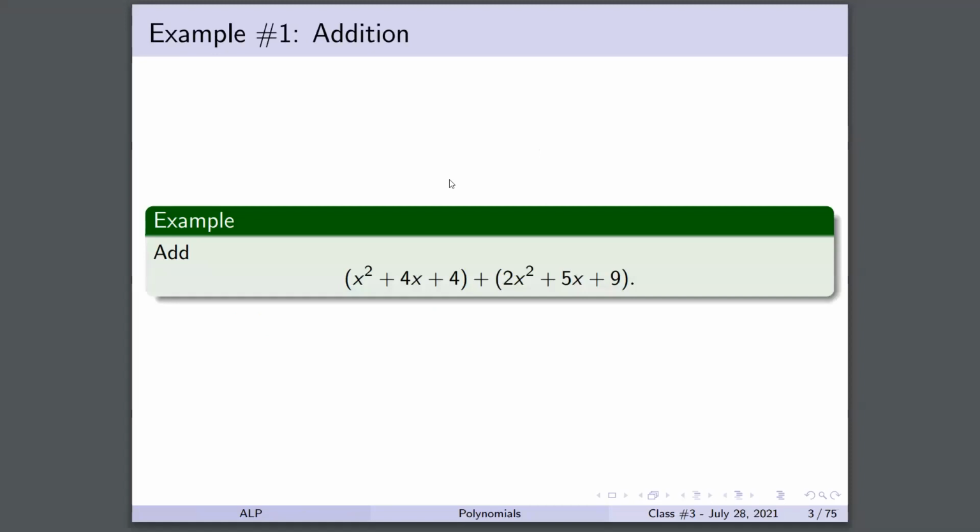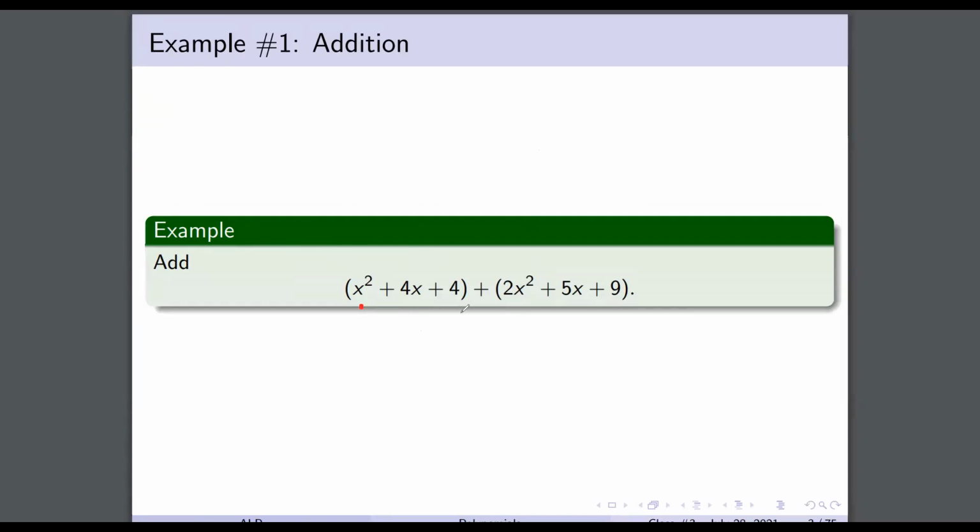All right, so our first example is adding x squared plus 4x plus 4 plus 2x squared plus 5x plus 9. We can combine like terms here. 4x and 5x are like terms, and 4 and 9 are like terms. Like terms are terms where the degree of x is the same.